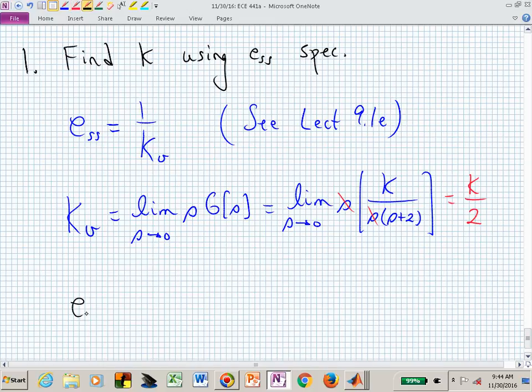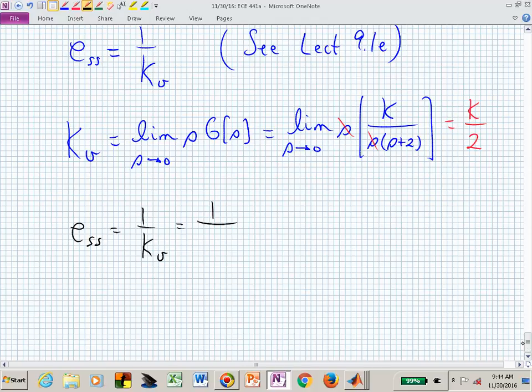We have error steady state is 1 over k sub v, which we now know in terms of k is 1 over k over 2, or this is now 2 over k, and we wanted that to be less than or equal to 5/100ths.